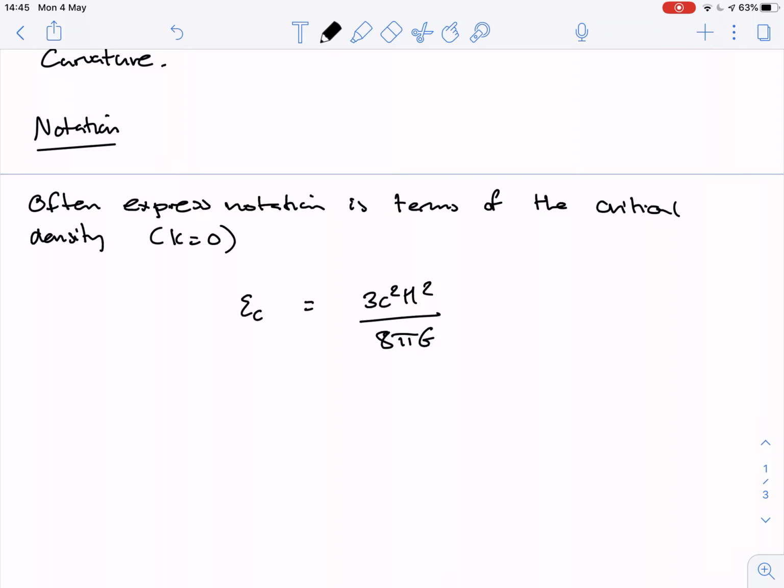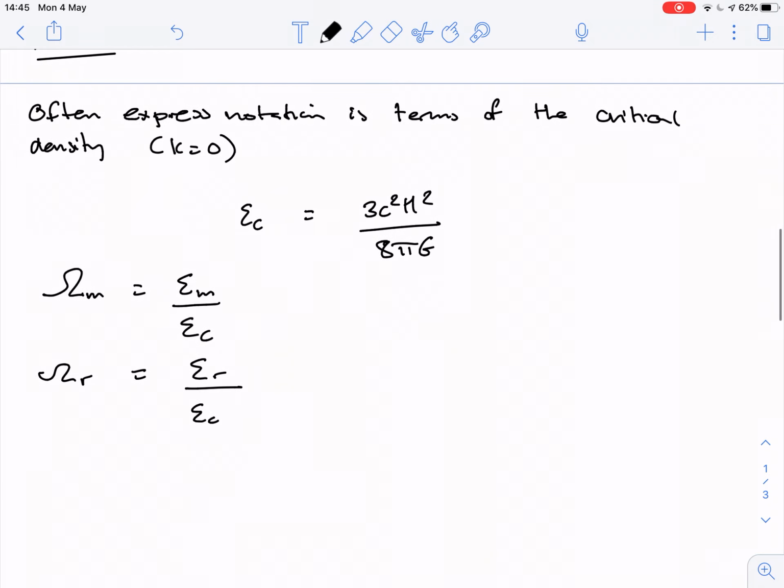And so what we'll say is, for example, something like omega, capital M, matter, is just equal to the energy density in matter over the critical density, or omega R from radiation is the energy density in radiation divided by the critical density, and so forth. And so, say for lambda, of course.